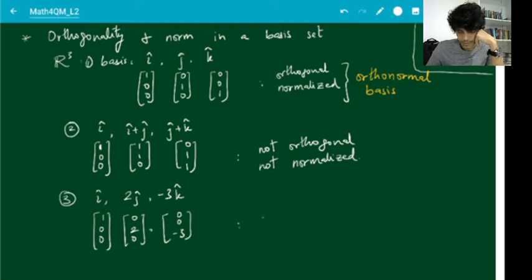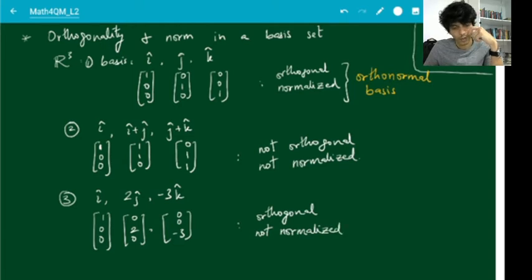You can check these three are orthogonal to each other, meaning they are perpendicular to each other, but they are not normalized because the lengths of these vectors are respectively 1, 2 and 3. So in general, you can have basis sets that are orthogonal or not orthogonal, normalized or not normalized.